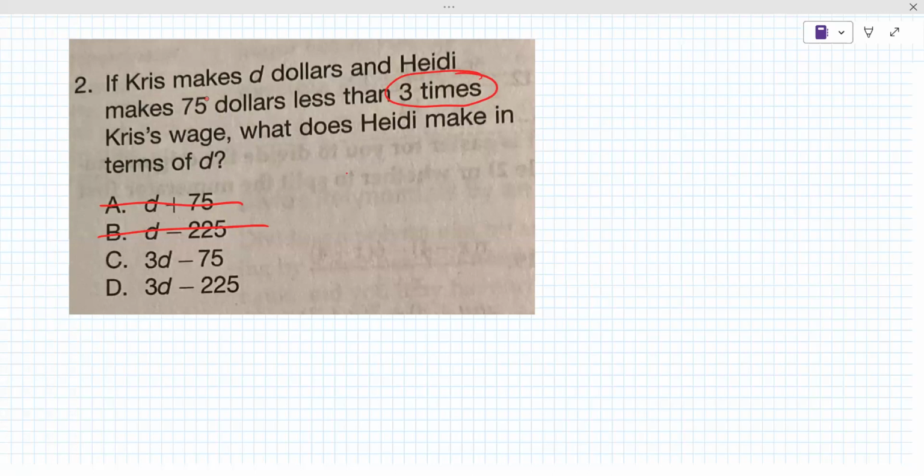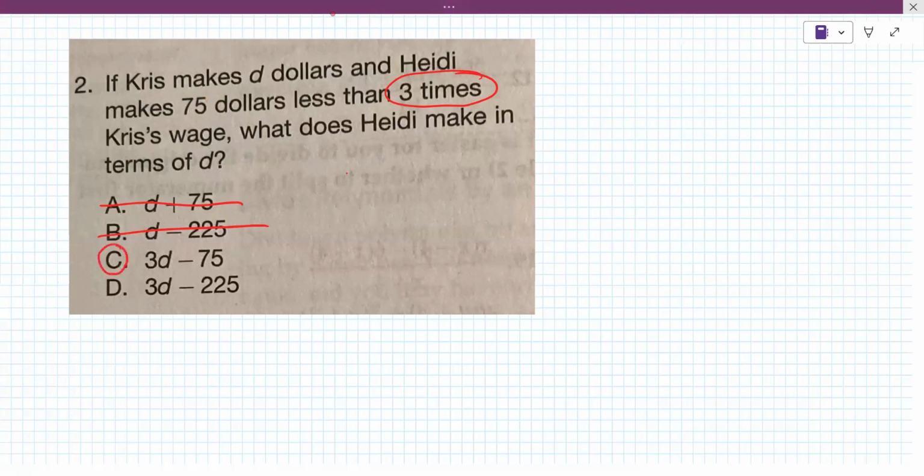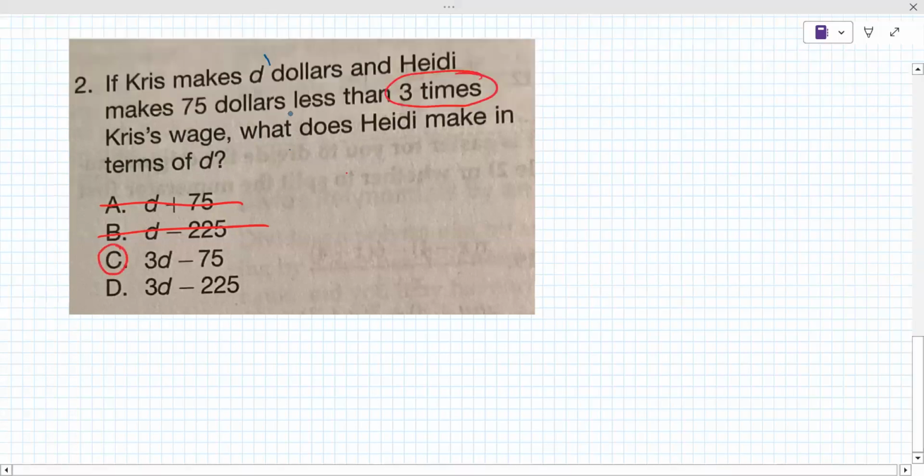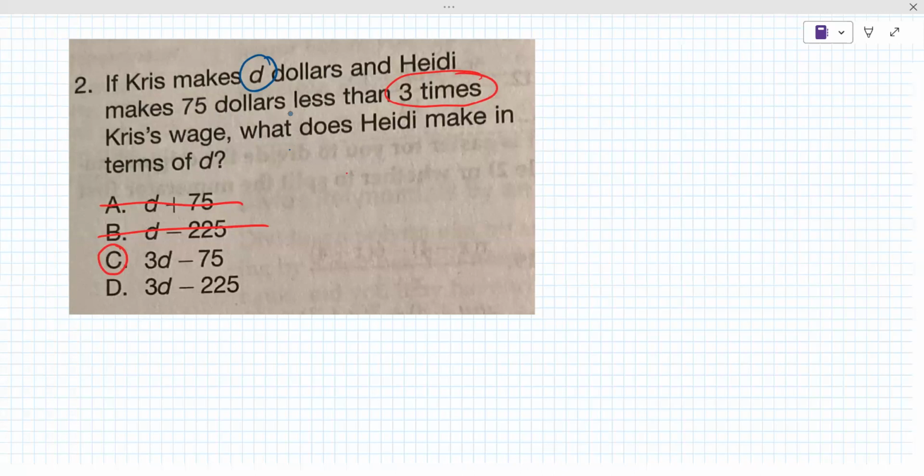Yes. Okay. Now here's what I meant by you could try a number. You've got to be careful though. You can't pick 0, you can't pick 1 typically. But let's say Chris makes $100. So Heidi makes $75 less than 3 times Chris's wage. 3 times 100 is 300, and then when you subtract 75, that's 225.